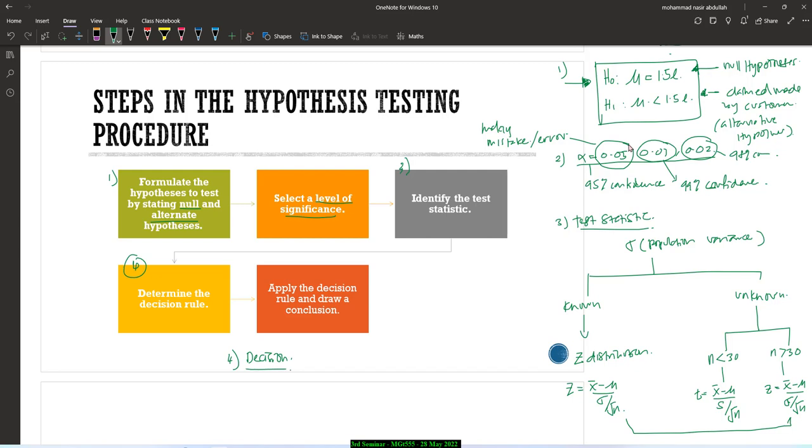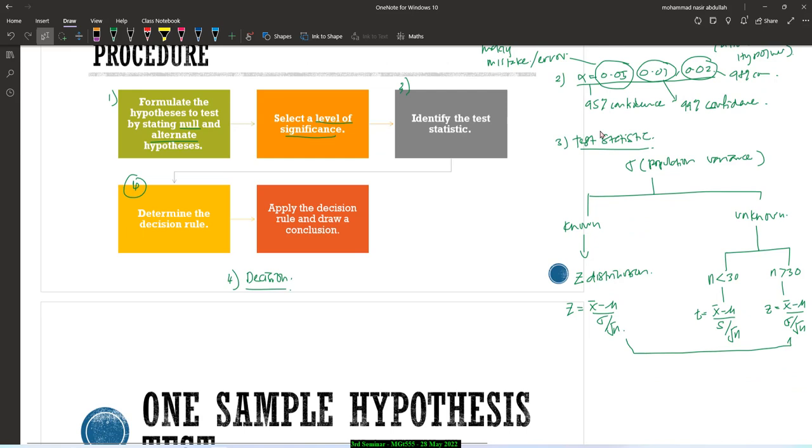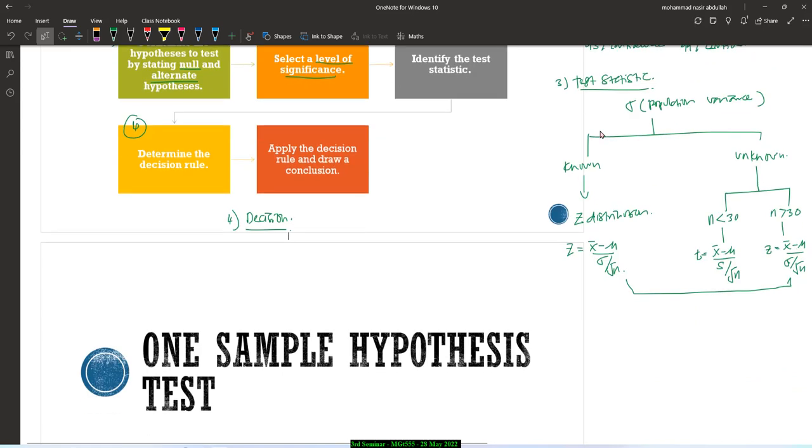We need to make a decision. So in this decision rule, there are two parts: one tail test and two tail test. So what is the difference between one tail test and two tail test? One tail test depends on the alternative hypothesis.